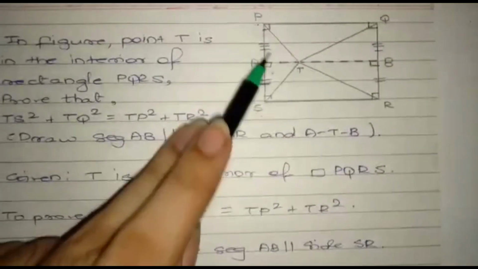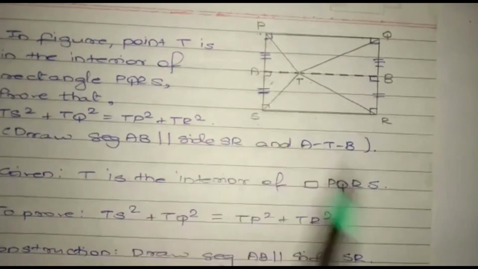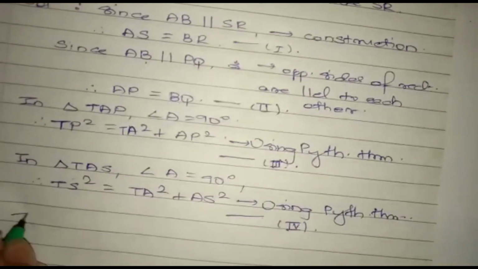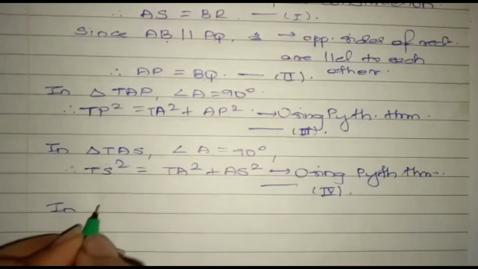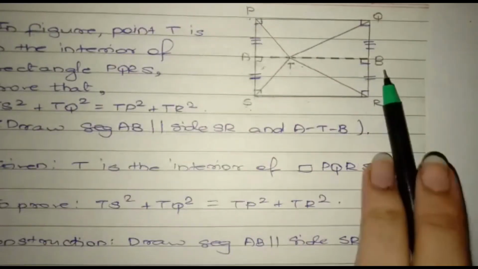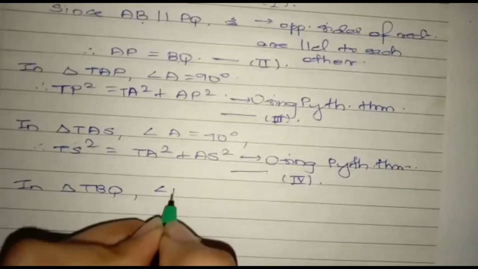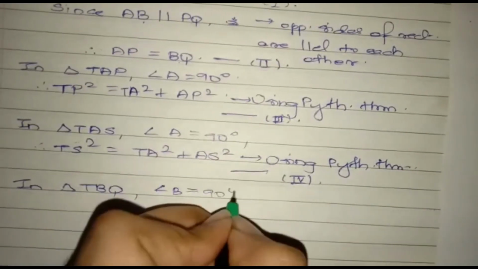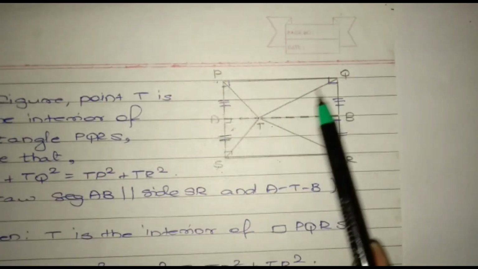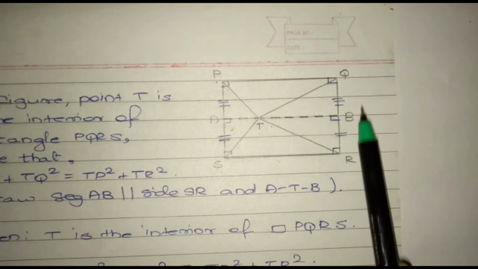Now we have already considered these two right angle triangles. Now we will consider triangle TBQ. In triangle TBQ, which angle is 90? Angle B is equal to 90 degrees. Therefore, using the Pythagoras theorem, TQ square is equal to TB square plus BQ square.